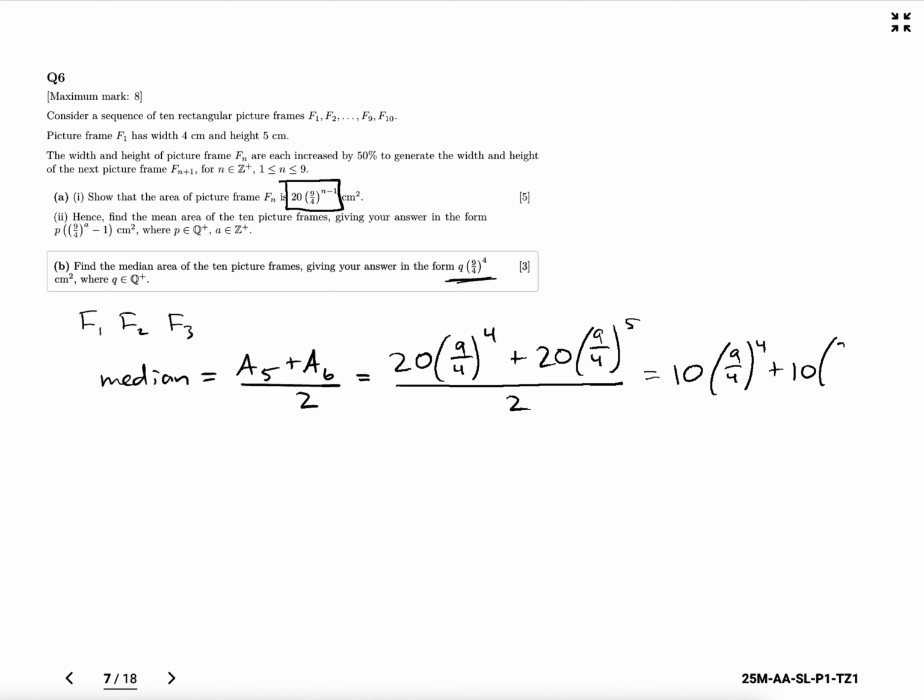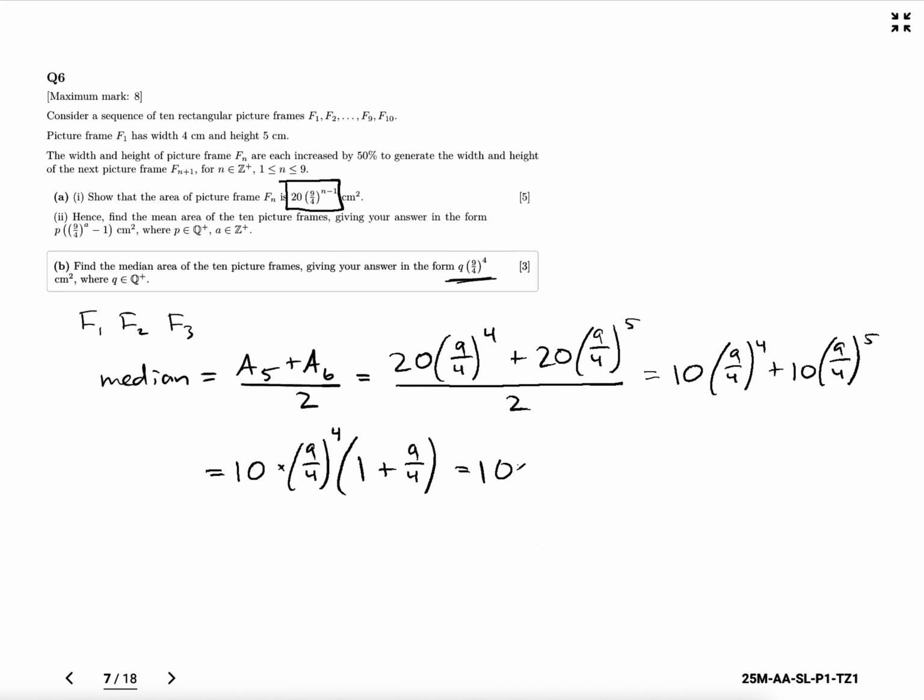And we're basically looking for ways of making this look like this form. So we want a rational number times 9/4 to the power of 4. So we want to combine these two terms. And we can do that by factorizing. So let's take 9/4 to the power of 4 outside the brackets, because that is a factor of each of these. So then what we're left with is 1 plus 9/4. And this is already looking better.